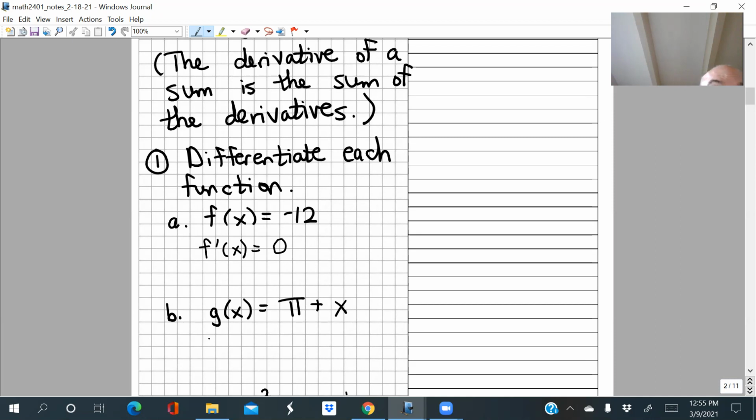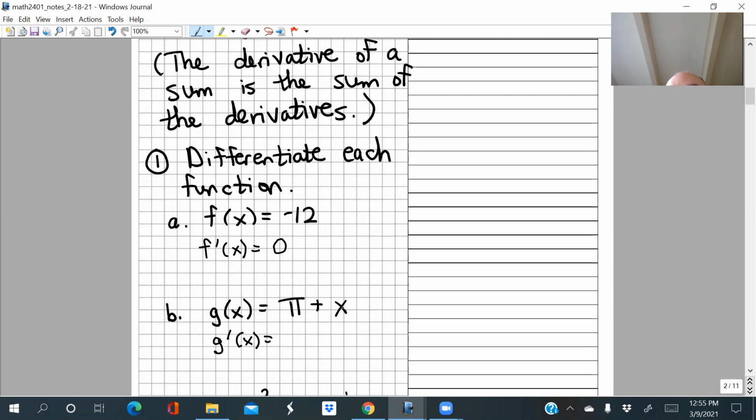All right, let's look at this next one. Here's g of x is pi plus x. I tried to make you think this was complicated because I put pi in here. But please remember, pi is a constant. That's the most famous constant in mathematics, maybe after 0 or 1. And so that is just a constant. One other thing to notice here, though, is this is a sum.